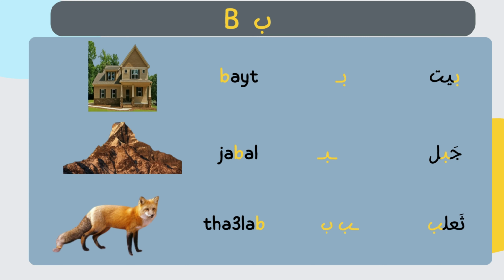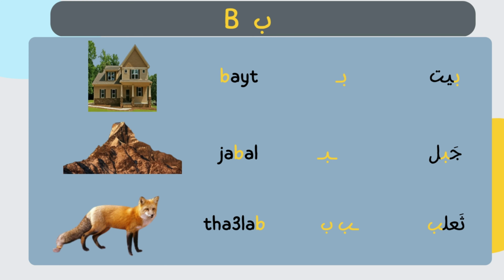Now it's your turn to read the first word, then look at the Arabic. Bait, bait. Second word, your turn. Jabal, jabal. Notice that it's j. In Arabic, we don't have the j.